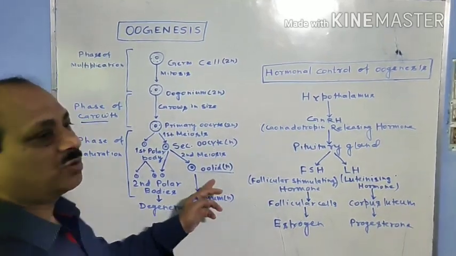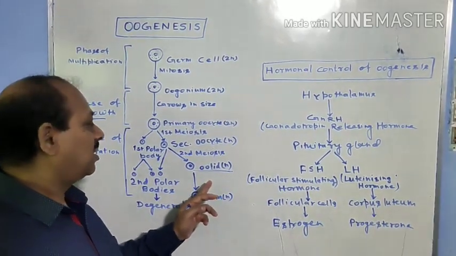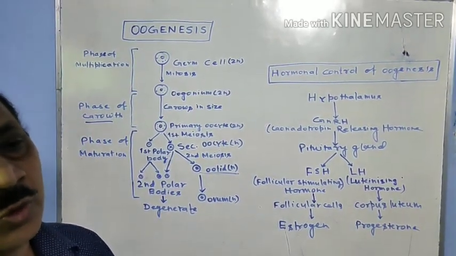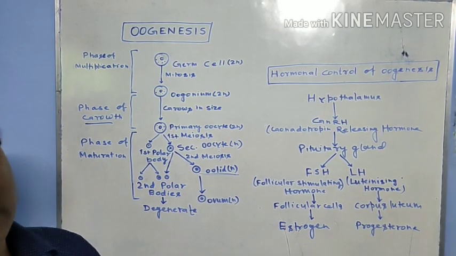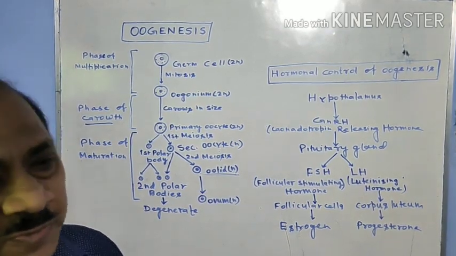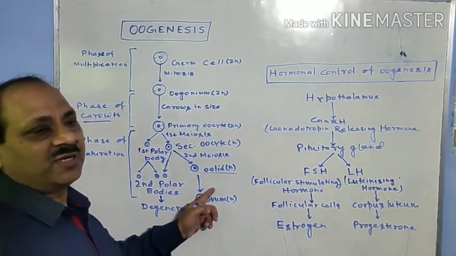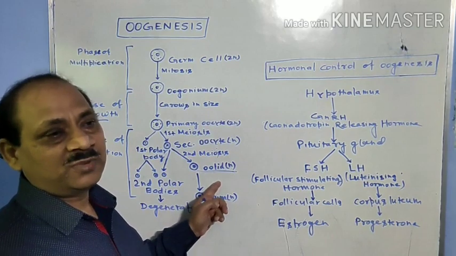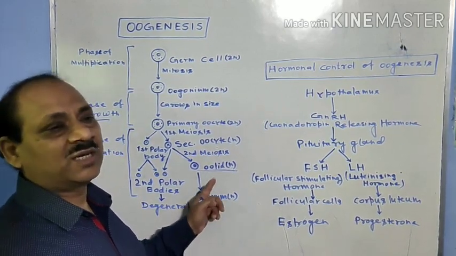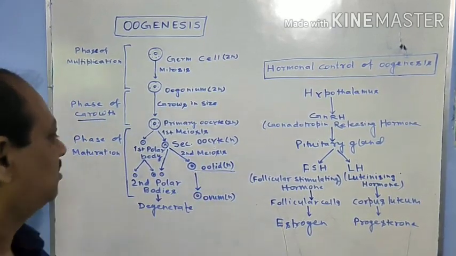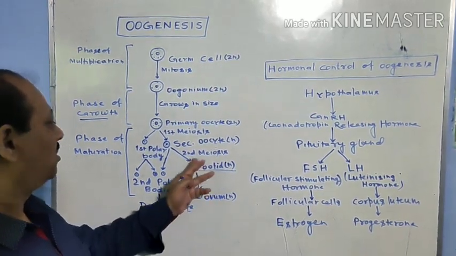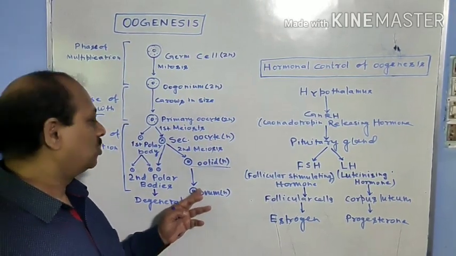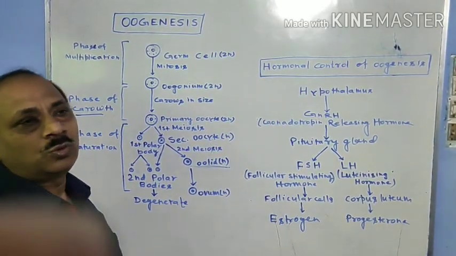The second meiotic division occurs in the oviduct or fallopian tube when a sperm enters the ovum. The suspended second meiotic division completes in the oviduct when sperm penetrates the ovum, and then the secondary oocyte is converted into oocyte, then into ovum.